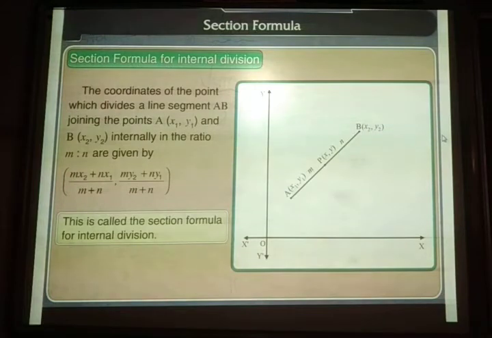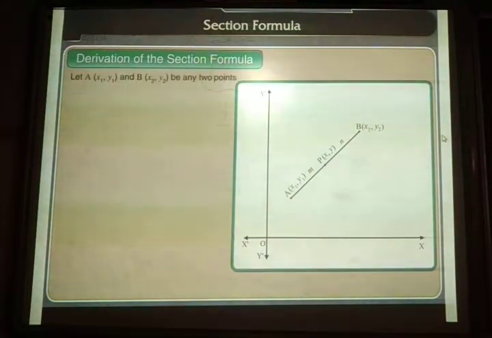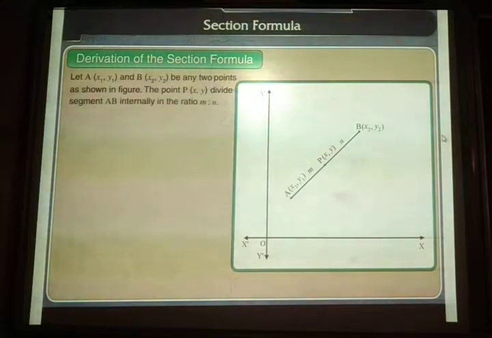Let us see how to derive the section formula. Let point A (x1, y1) and B (x2, y2) be any two points. Point P divides segment AB internally in the ratio m:n. Therefore, AP upon PB is equal to m upon n.